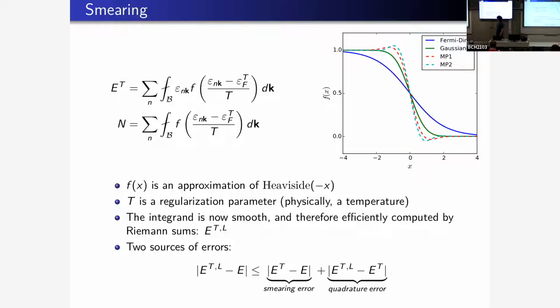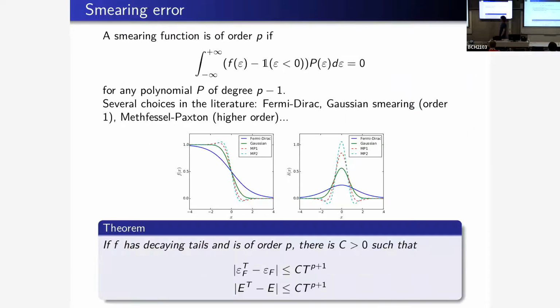So we have two sources of error between this and what you actually compute. You have the fact that you cheated, you've replaced your zero temperature by finite temperature, and then you've integrated with a finite k-point grid. Okay. So we can try to compute and see what these errors look like.